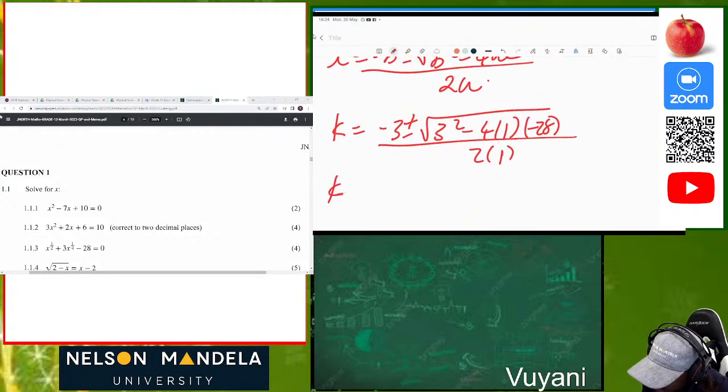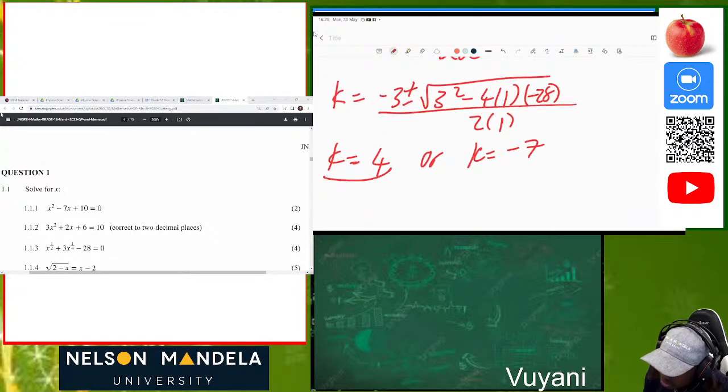Then let's use our calculator to find k. So we get k is equal to 4, or k is equal to negative 7.